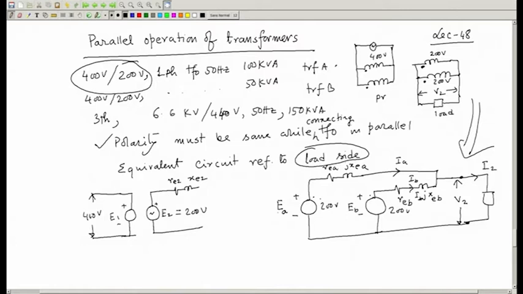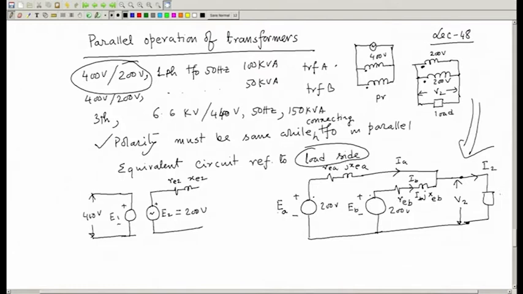In general, EA and EB may be slightly different, because after all these are two different transformers. Exact matching of the secondary voltages when the primary is energized with rated voltage is very much unlikely, but nonetheless let us assume, as a general case, that the induced voltages are EA and EB, close to 200 volt each.